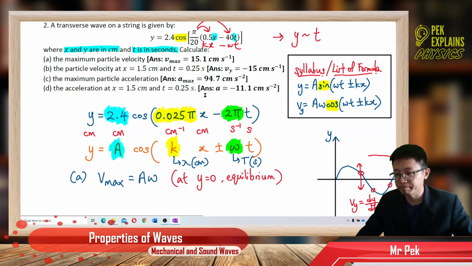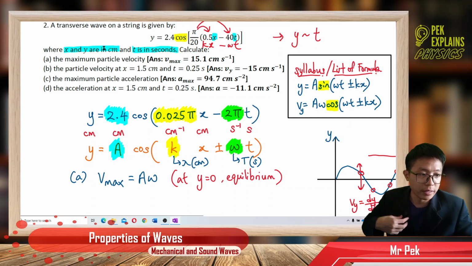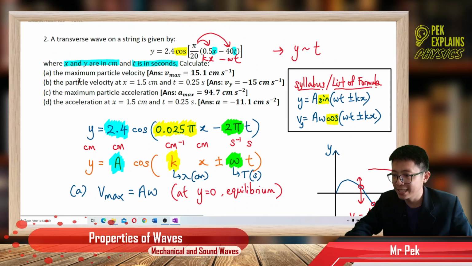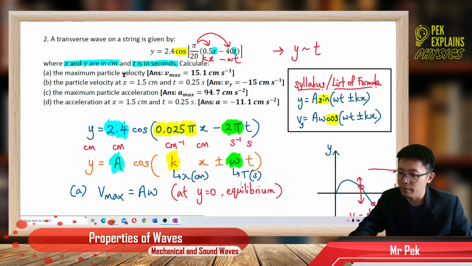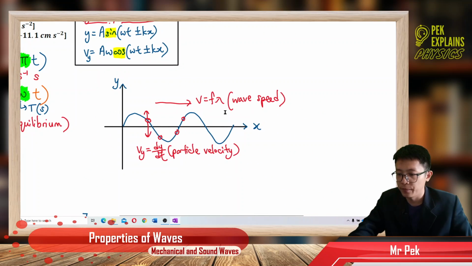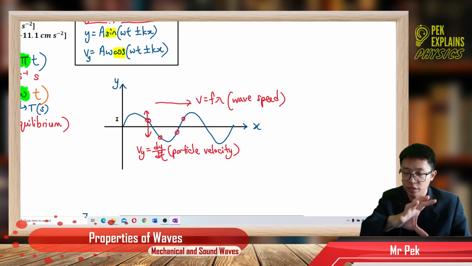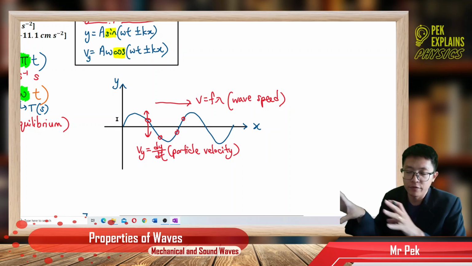All right. Now let's get back to the subject. Now I want to find out the maximum particle velocity. What is particle velocity? Before this, you learned about another formula, wave speed. What's the difference with particle velocity? Wave speed, with the formula v equal to f lambda, is to find the speed of the wave propagation to the left or to the right.